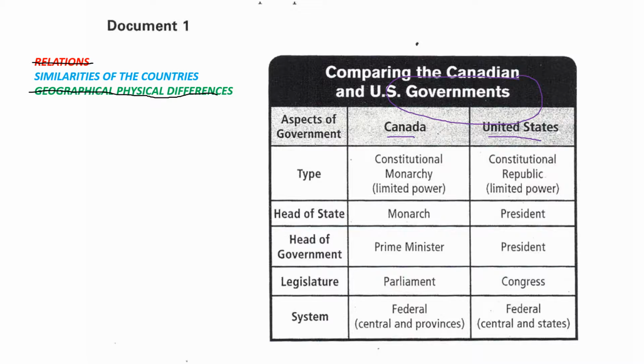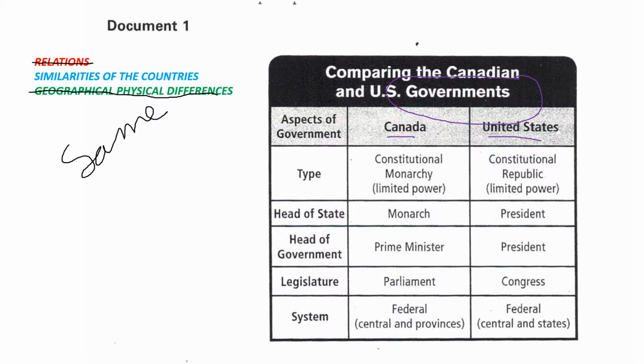The last question I should ask is, does this document show similarities? Similarities means things that are the same. If there's anything that's the same in this chart, then we'll want to tag this particular document number 1 for things that are the same. Well, it looks like we have the same type of government.